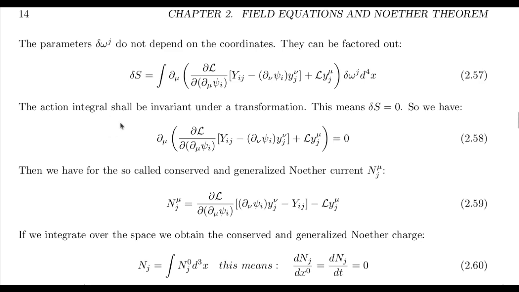and the action integral shall be invariant under some transformations. So this means the variation delta S must vanish, and so we must say, okay, the delta omega cannot vanish. These transformation parameters have any value, so the great parenthesis here must vanish.